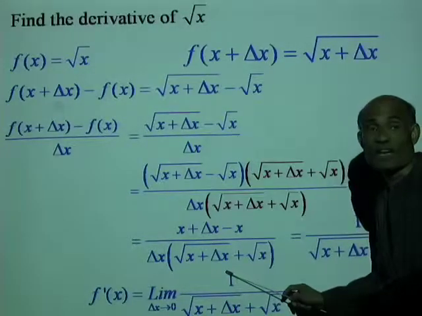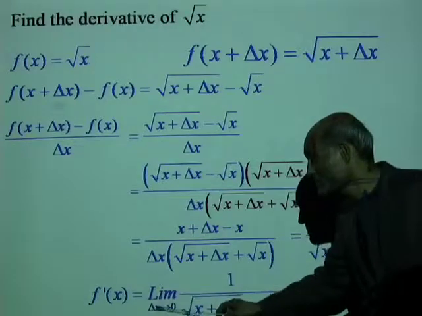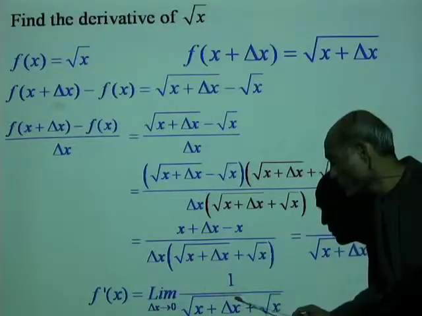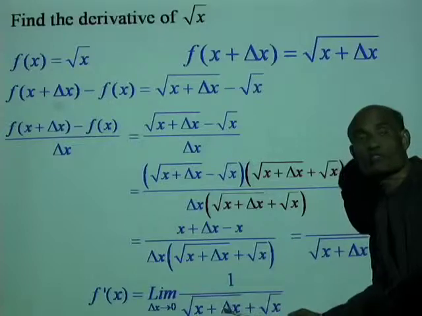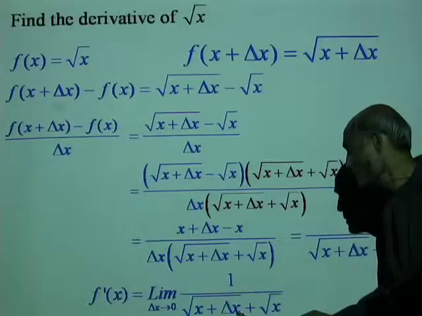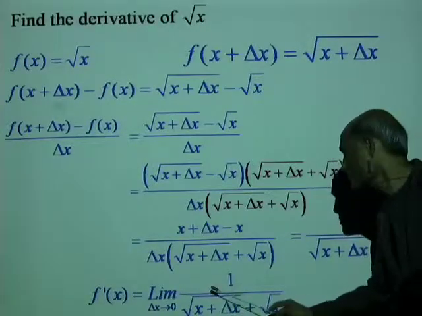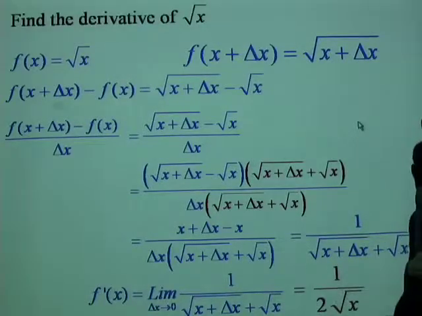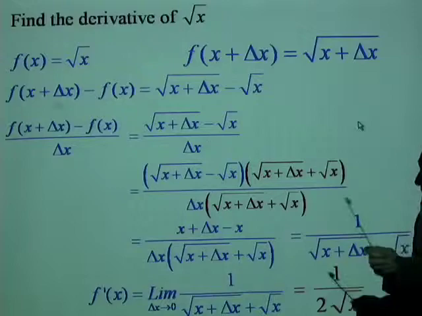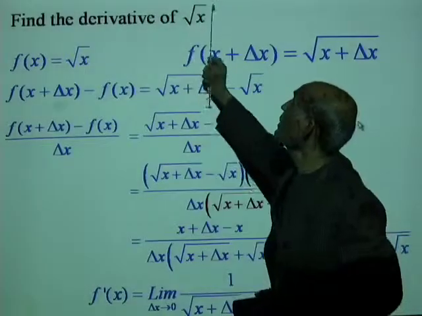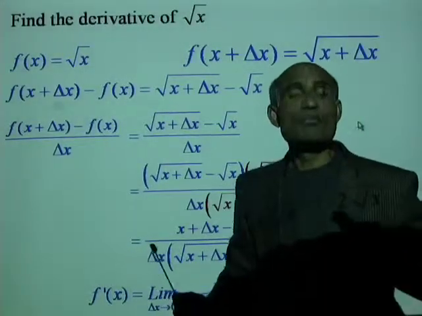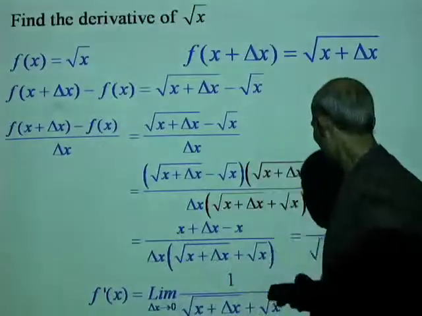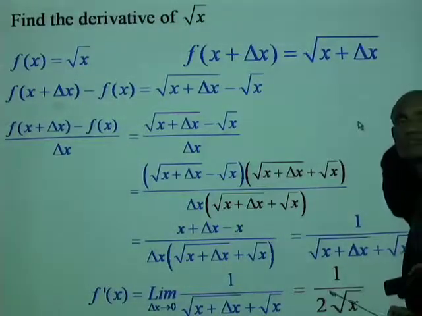And how do you get that? To find the limiting value when delta x approaches 0, set that delta x equal to 0. So that one will go. The denominator will then become square root x plus square root x. That is 1 over 2 square root of x. That means the derivative of square root of x with respect to x is 1 over 2 square root of x.